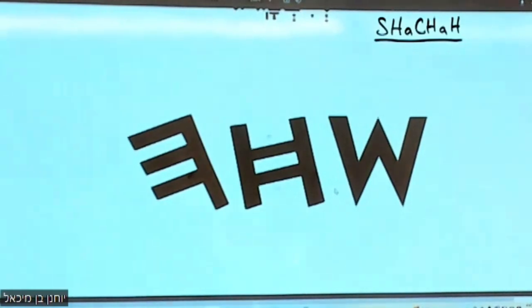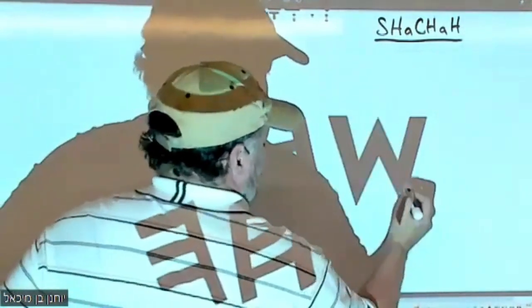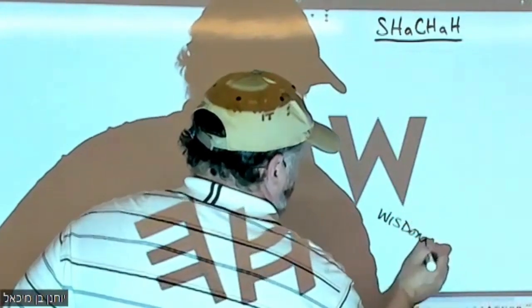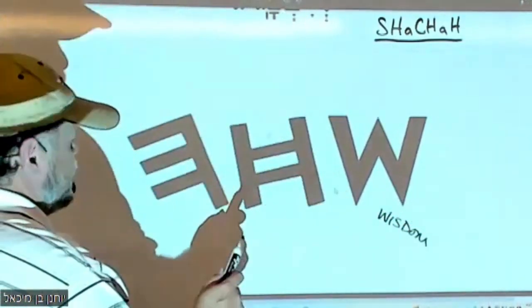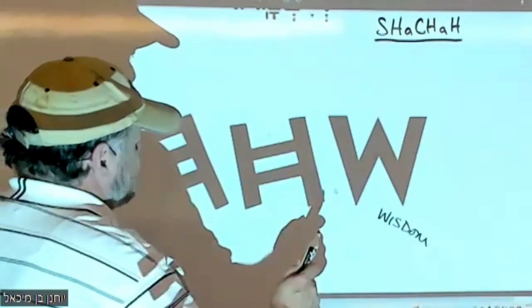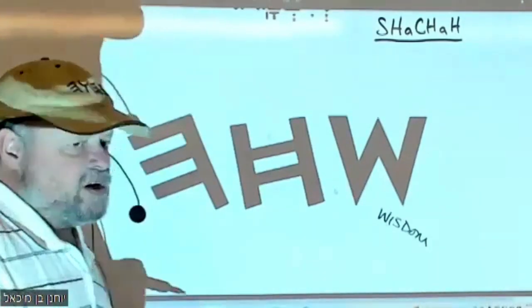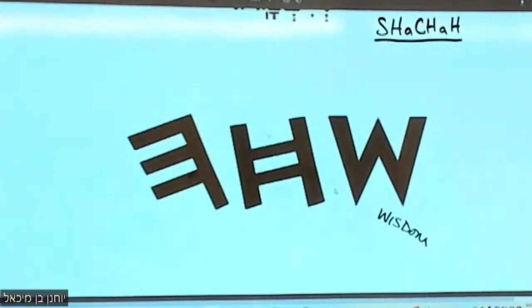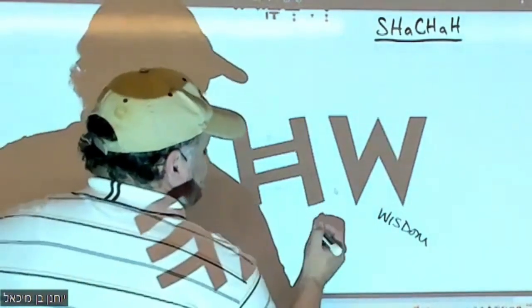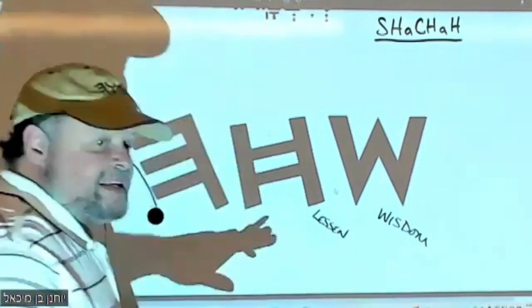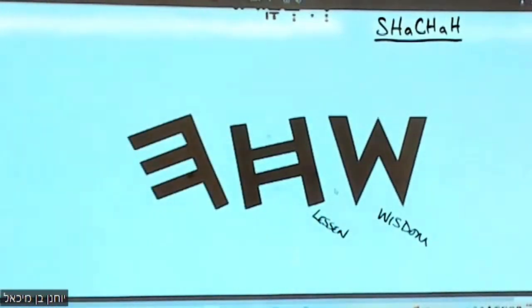So let's take a look. What is the sheen? It's the teeth, but it also shows us about what? Wisdom. What about the chet? It's a separation, a boundary, a ladder going up and going down. So we've got this wisdom. The opposite of going up is going down, to lessen, not O-N, but E-N.